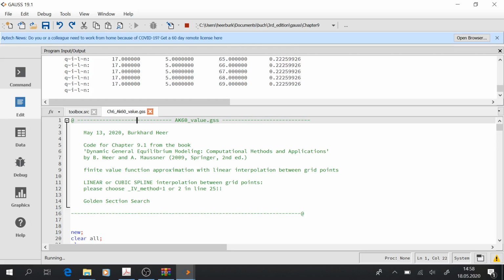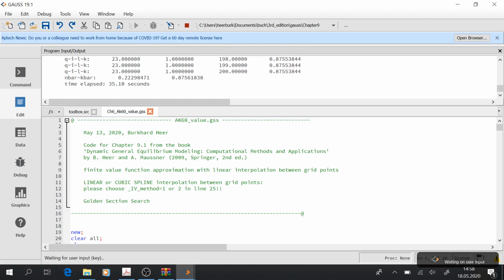And in the final column, you find the value of K and L, aggregate capital and labor, in your iteration Q. So, for example, the capital stock converges to 0.875 and the employment converges to 0.222 after 23 iterations over the aggregate variables, and it takes 35 seconds here with this computer.